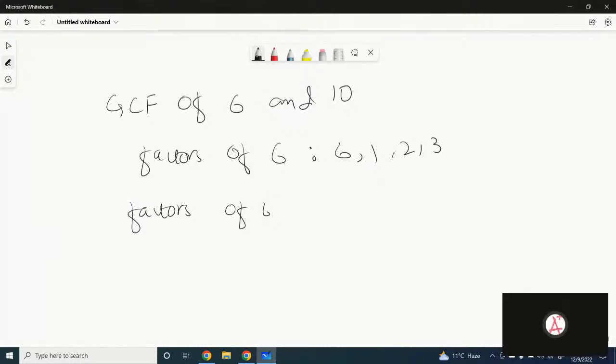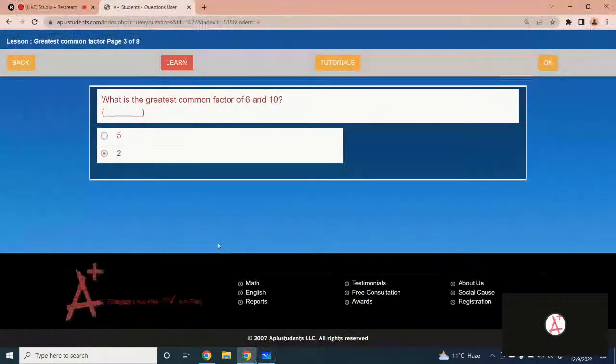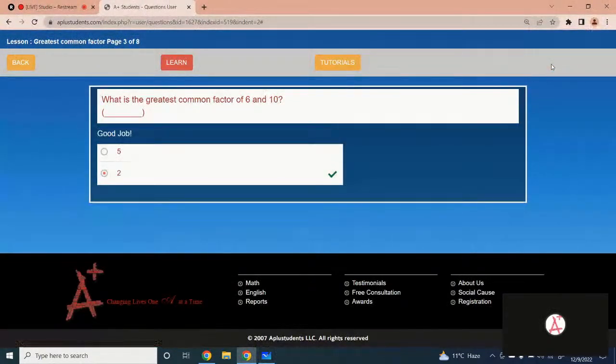So it would be 10 times 1 is 10 and 2 times 5 is 10. We don't have any other numbers that when multiplied make 10. So the greatest common factor for both the numbers is 2. Got it? Just select the correct option and click on the OK button.